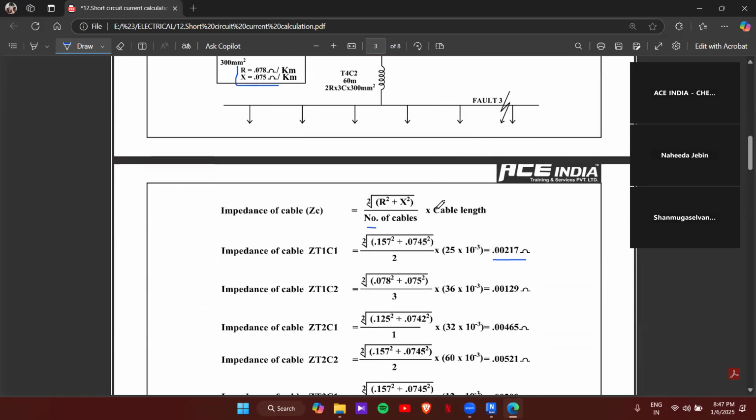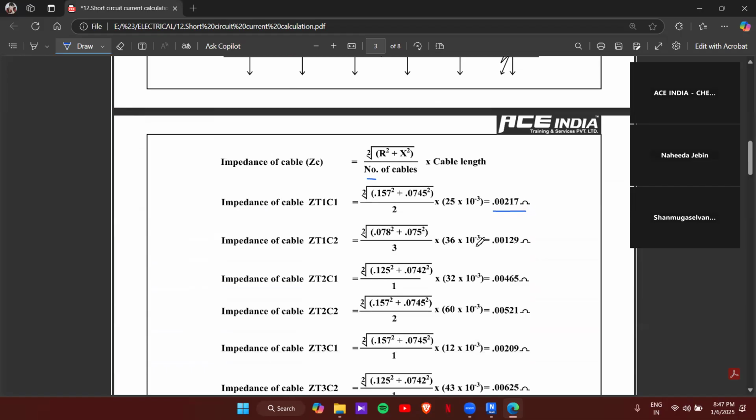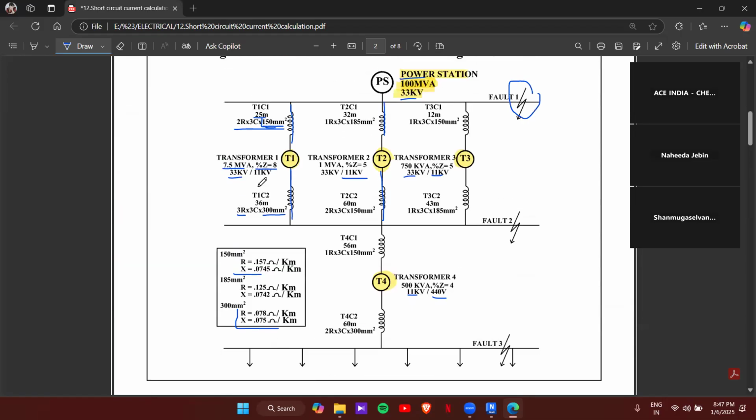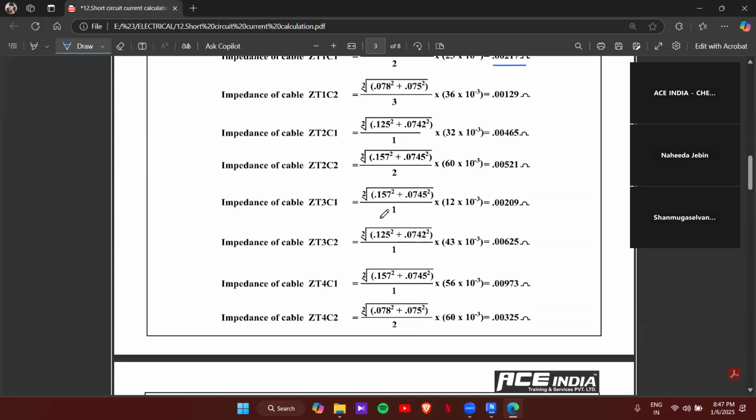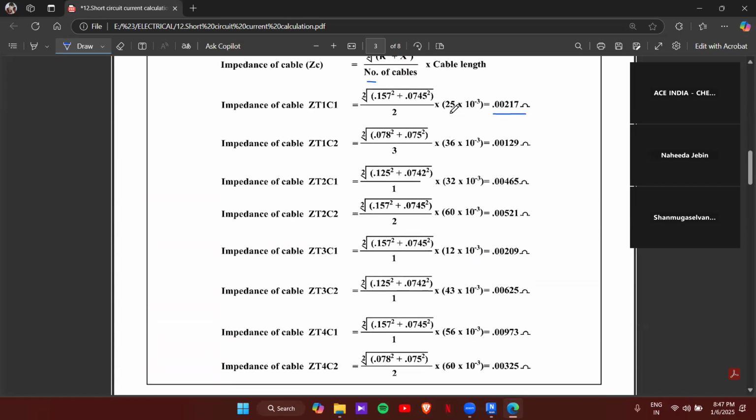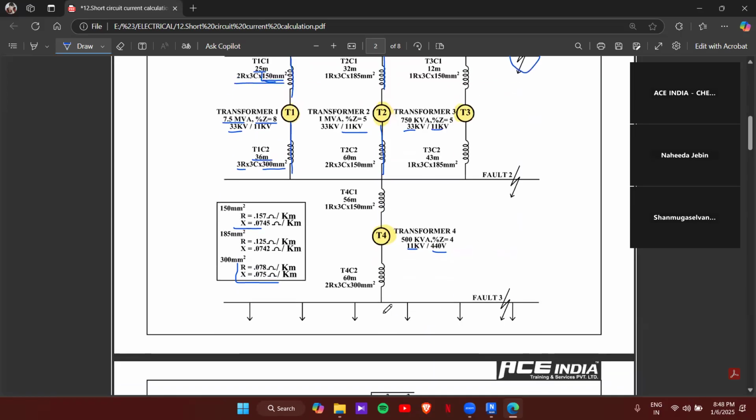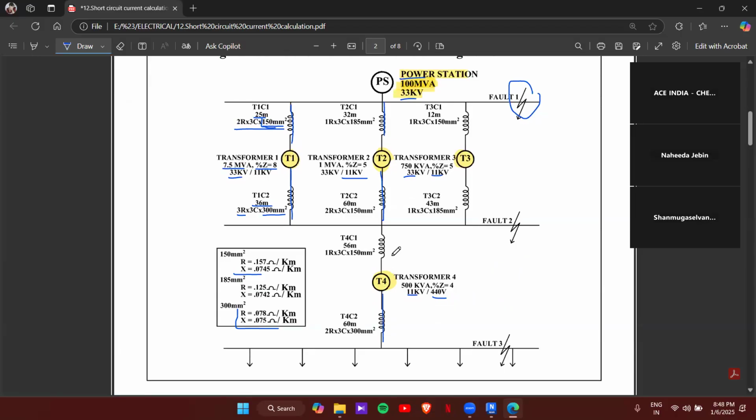Similarly, substitute the values, and the cable length is 36 meter, so 36 into 10 raised to minus 3, you will get 0.00129 ohm. Got it? So similarly, find out the impedance of the cable for all the cables up to T4C2.